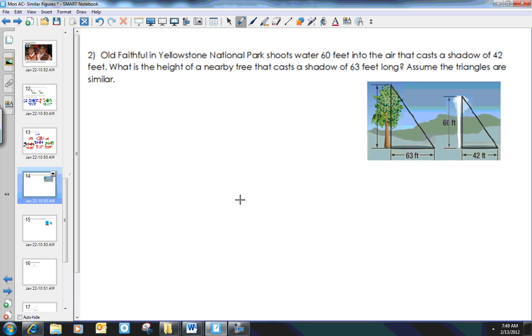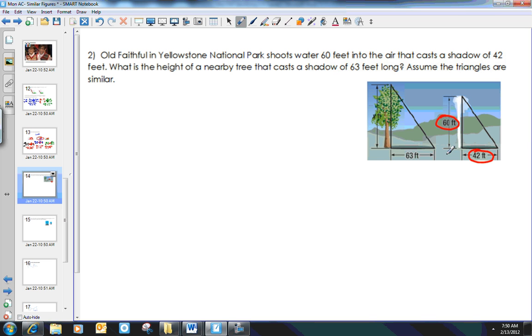Okay, now you might have a word problem. Looking at this one, Old Faithful here. Old Faithful in Yellowstone National Park shoots water 60 feet into the air. So here's Old Faithful over here. And it shoots water 60 feet into the air. Okay? And that water casts a shadow that is 42 feet long.